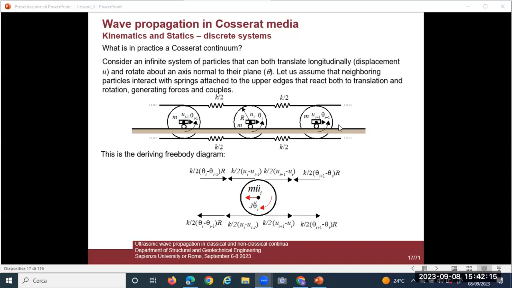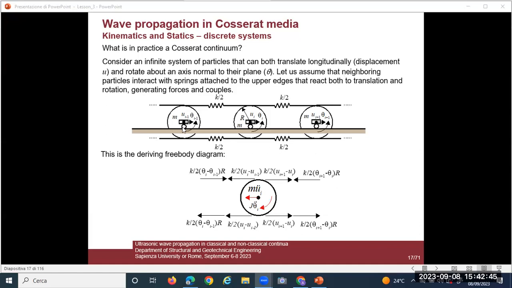So I tried to imagine a mechanism that is in practice a Cosserat continuum. So I have imagined an infinite system of particles that are these disks. I made round particles instead of square particles. These particles can translate longitudinally.